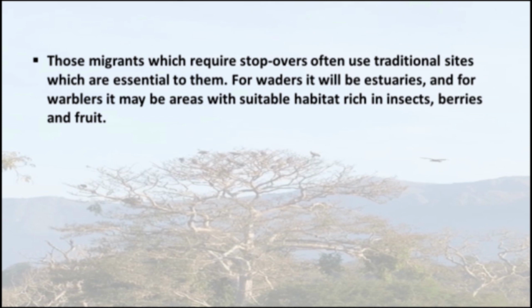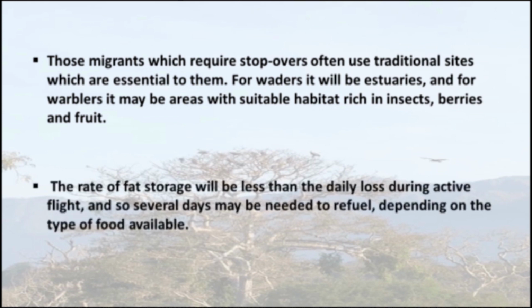For waders, it will be estuaries, and for warblers, it will be areas with suitable habitat rich in insects, berries, and fruit. The rate of fat storage will be less than the daily loss during active flight, and so several days may be needed to refuel depending on the type of food available.